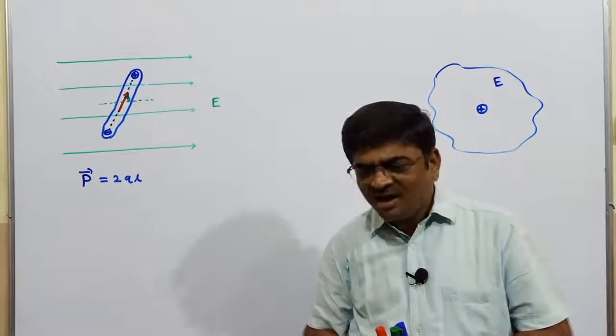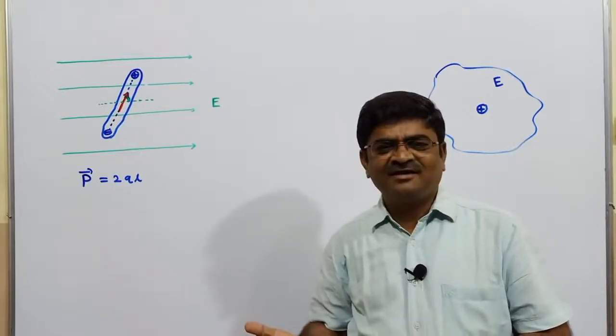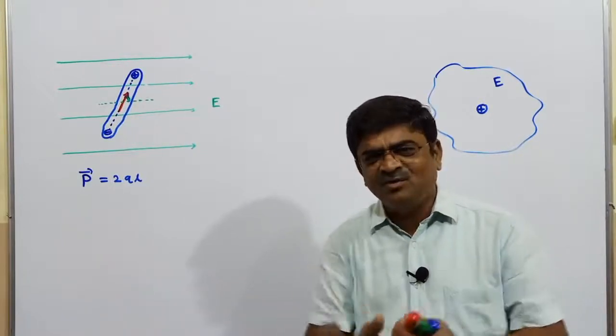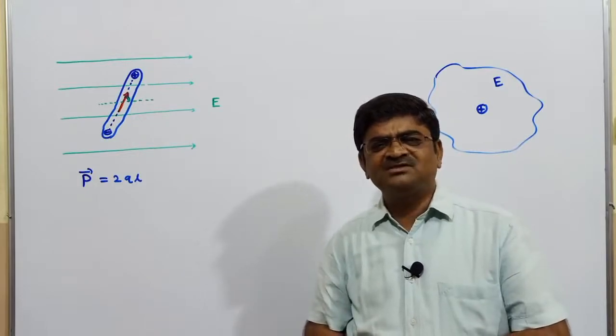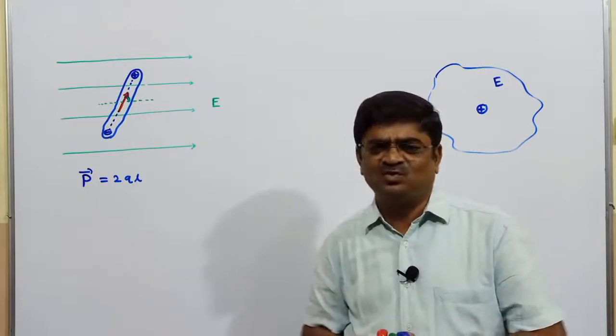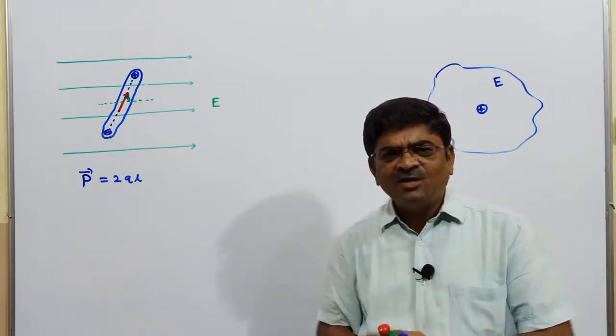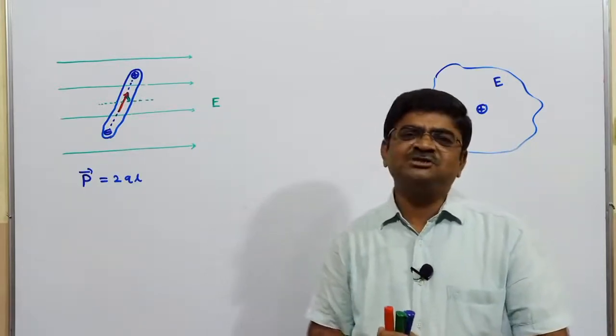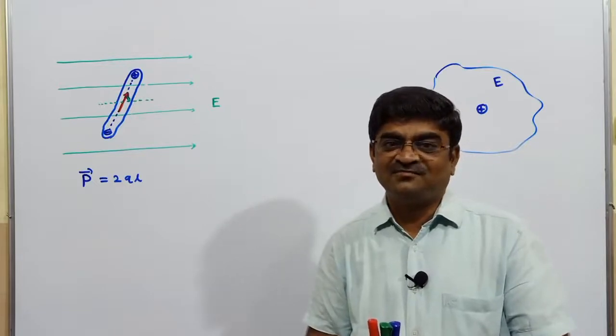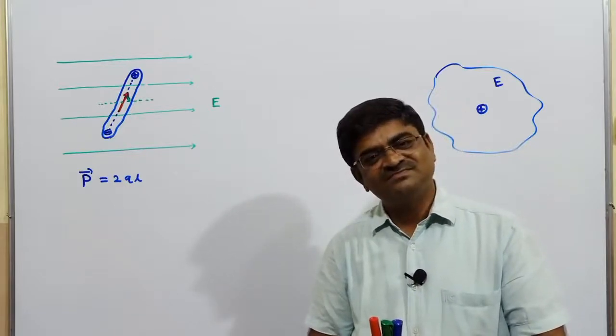Rather, the definition of electric field was in that way: the space in which a charge experiences force. I'm saying it in a reverse way. What did I say? A charge placed in an electric field experiences force.